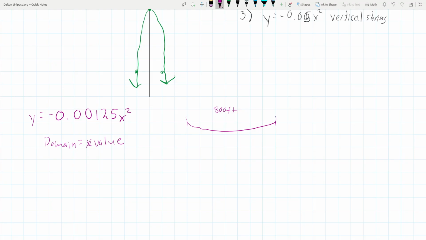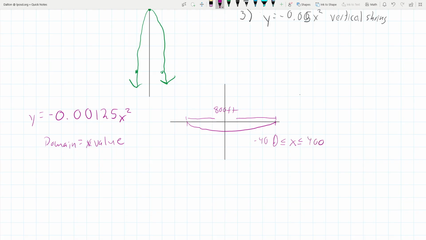And so what I can say is that my domain, my x values, and I'd really have a graph that goes right along here. My graph goes, and I didn't center that very well, sorry, from negative 400 feet, that's less than or equal to x, and x is less than or equal to 400.